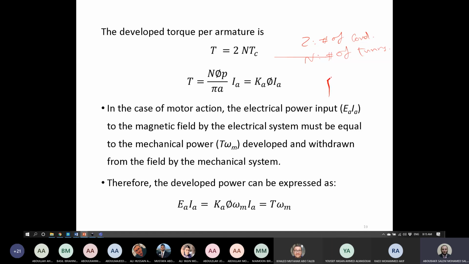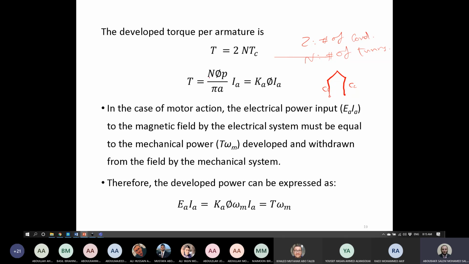We agree that one turn equals 2 conductors. This is conductor number 1, this is conductor number 2, and together they are considered one turn. So the number of turns equals the number of conductors over 2.